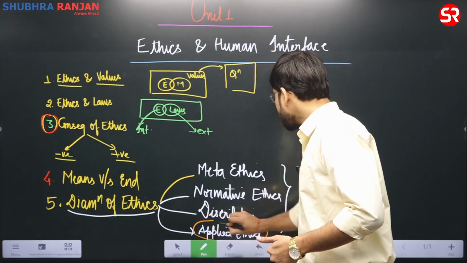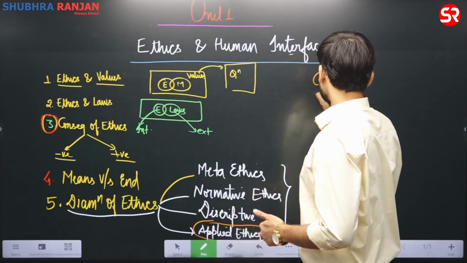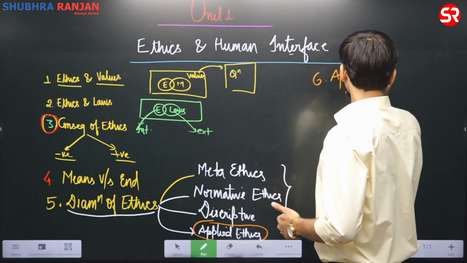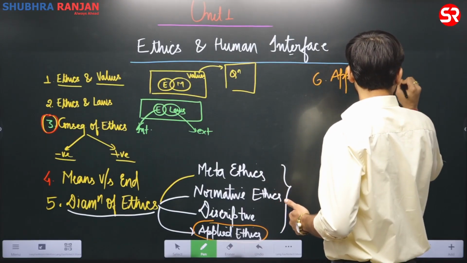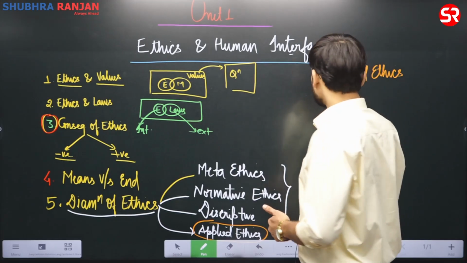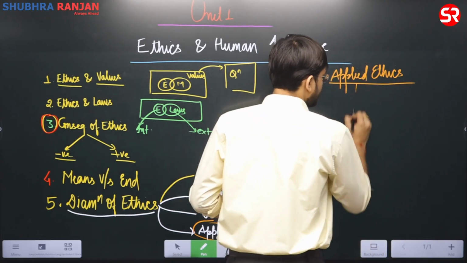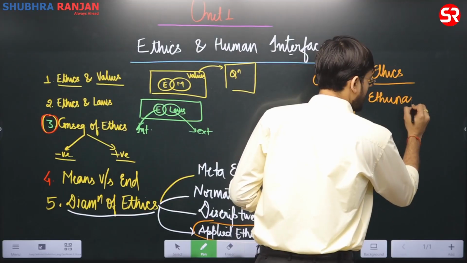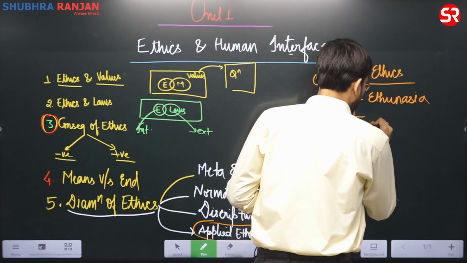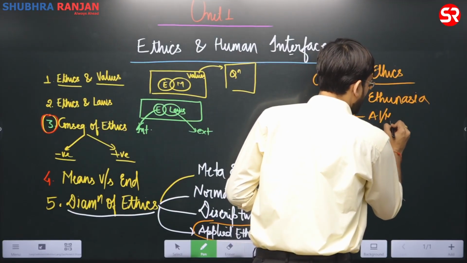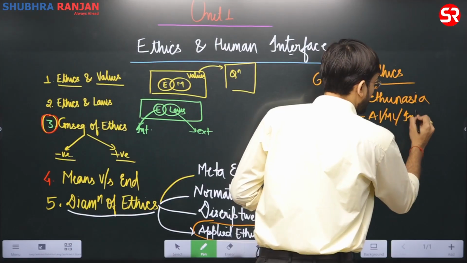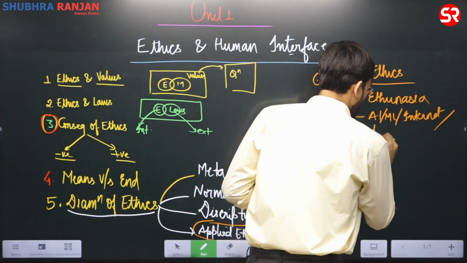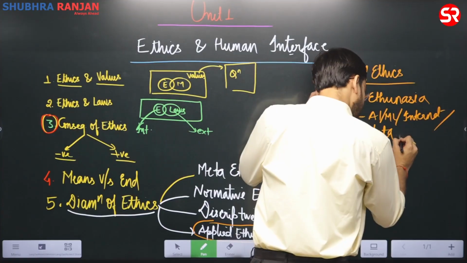Or else they will ask questions from the last theme, that is, the sixth theme, applied ethics. Here questions can be asked on euthanasia, on AI or machine learning or the internet, or data in ethics.